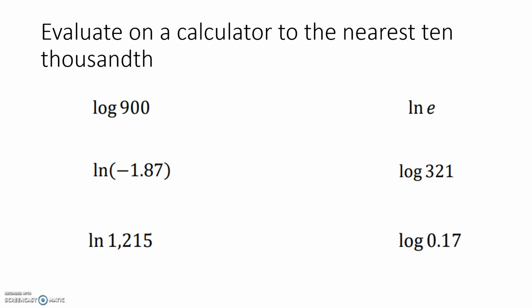So these questions are calculator questions because there is a button on your calculator that says log, and there's also a button on your calculator that says ln. So if I type log of 900 on my calculator, I can get a decimal answer. 2.9542.